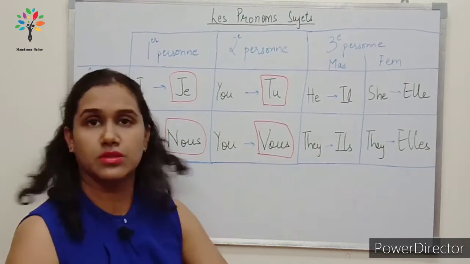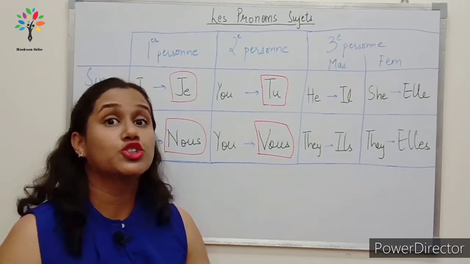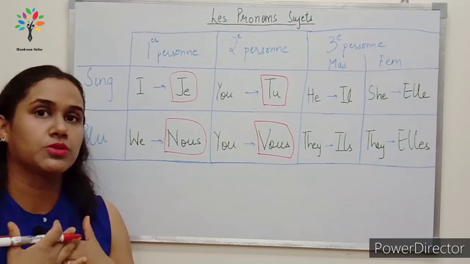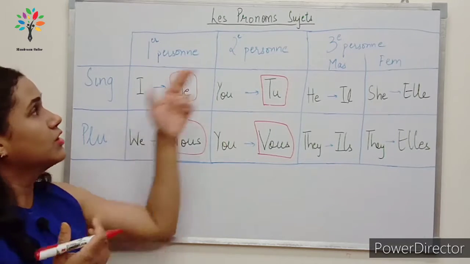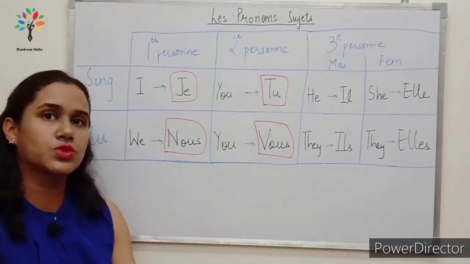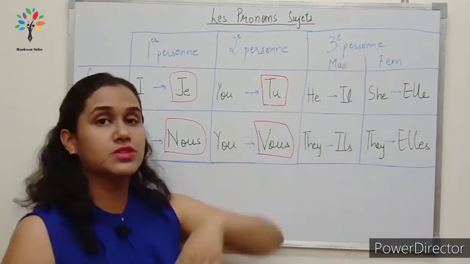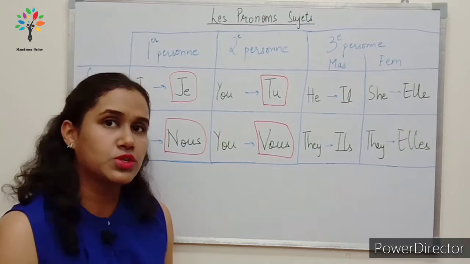And coming to third person. Third person is when you are talking about someone, right? First person is when you're talking about yourself, second person is when you're talking to someone, so that is you, in French tu. And third person is when you're talking about someone.